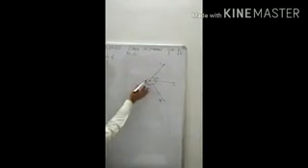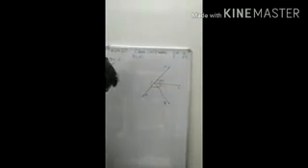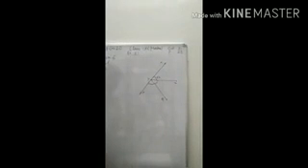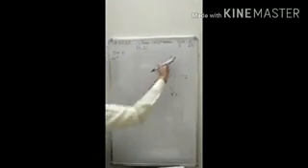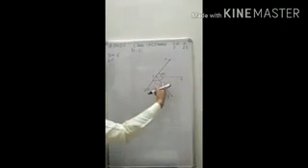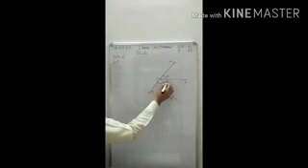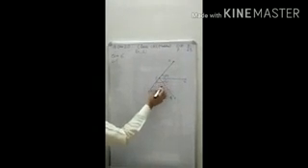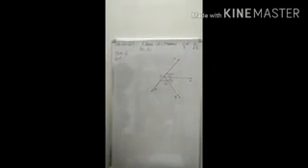This ray YQ is bisecting this angle. Then find angle XYQ, meaning this complete angle. As this line is bisecting the angle, let us suppose this is angle 1, this is angle 2. Now let us start the solution.